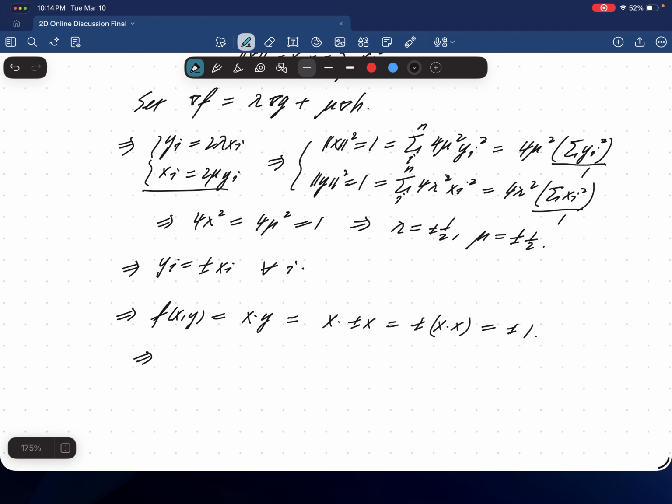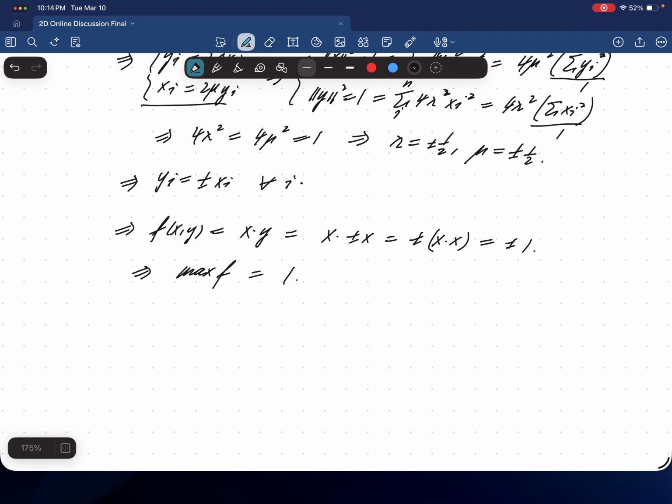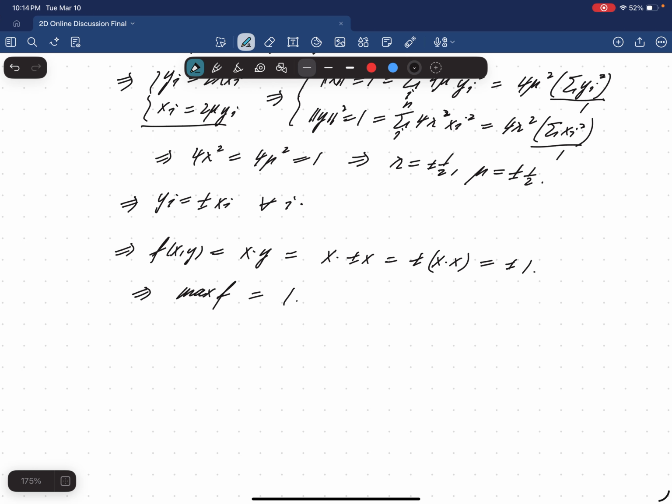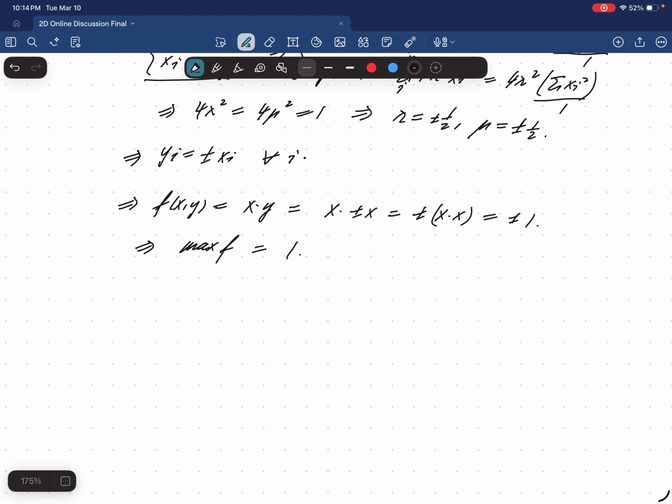And therefore, the max value must be 1. And notice that this gives a proof of the Cauchy-Schwarz inequality.